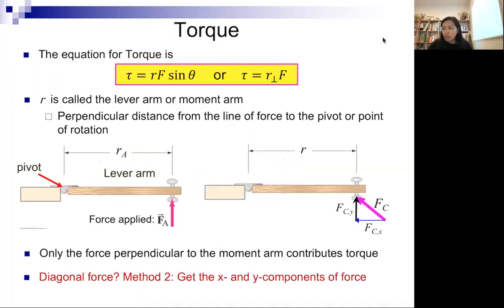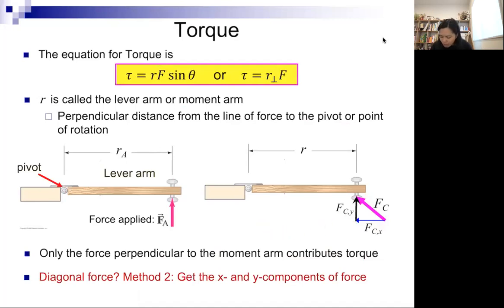So the second method is that when you have a diagonal force, then you can get the X component or the horizontal component and the Y component or the vertical component. And notice how the horizontal component is parallel to your moment arm.